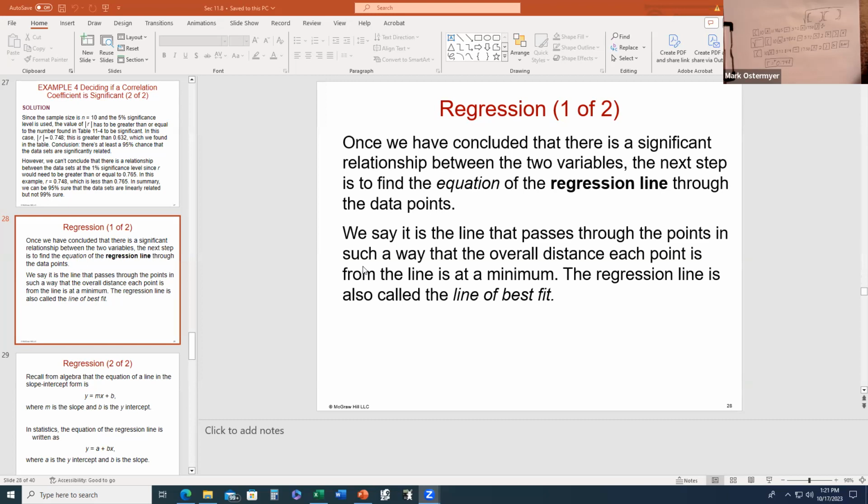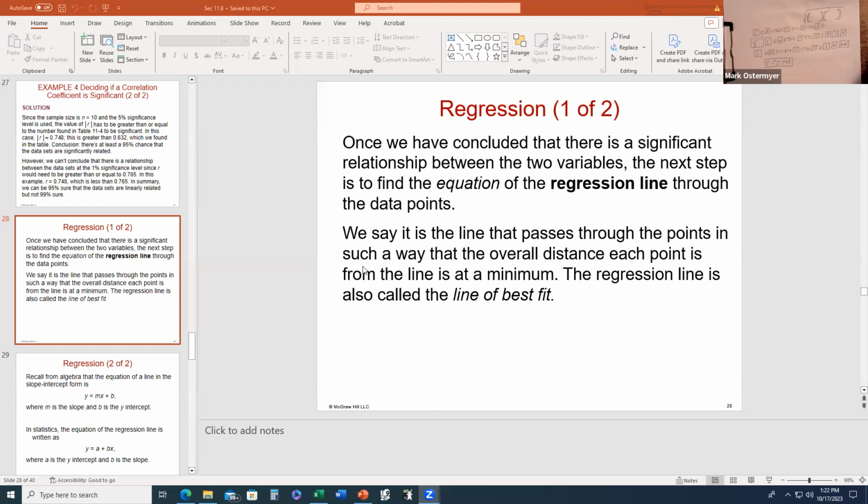And this best fit line that we're going to show you how to come up with fits the ordered pairs the best in the sense that it minimizes something called the sum of the squared differences between the actual y values and the predicted y values squared. And this best fit line is guaranteed to fit your ordered pair data the best.